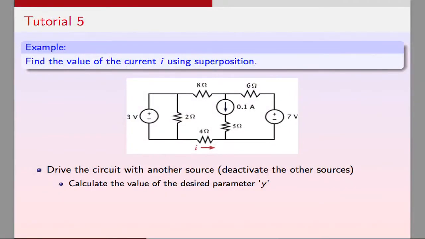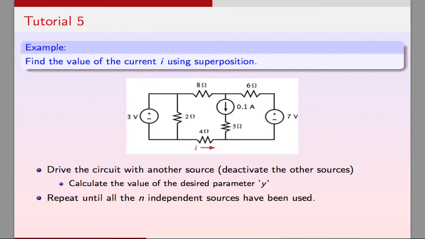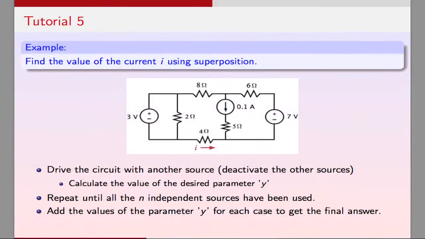As before, you will have a new circuit, so calculate the parameter y again. Keep doing this until you have used all the independent sources. And finally, add all the results you have obtained for the parameter y to get the final answer.